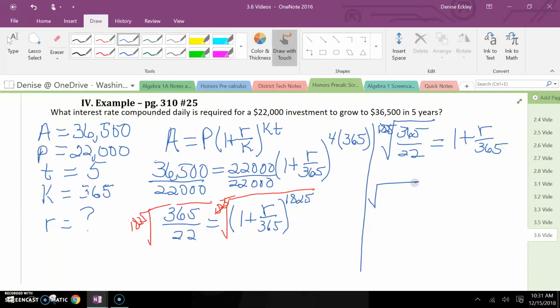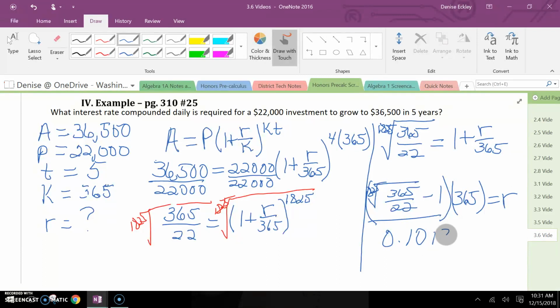So I have the 1825 root of 365 over 22 minus 1, and this whole thing is going to be multiplied times 365, and that will give me my R. So I get an R value of 0.1013, which gives me, I'm looking for an interest rate of 10.13% in order to get my investment to grow in 5 years to $36,500.